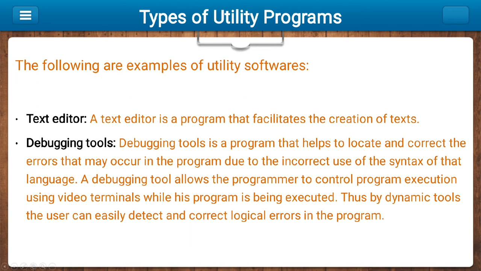A debugging tool allows the programmer to control program execution using video terminals while the program is being executed. Thus, by dynamic tools, the user can easily detect and correct logical errors in the program. So mostly debugging tools are used in programming.